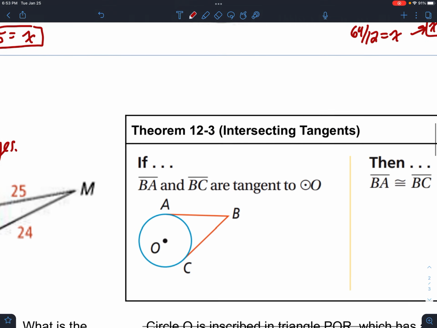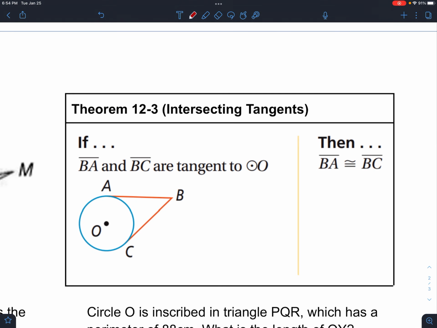New theorem. This one's kind of cool. So if BA and BC, those red lines, are tangent, then we have that they're equal in length, that they're congruent, right? So both of these are congruent somehow. Okay, so that is really interesting that they intersect.